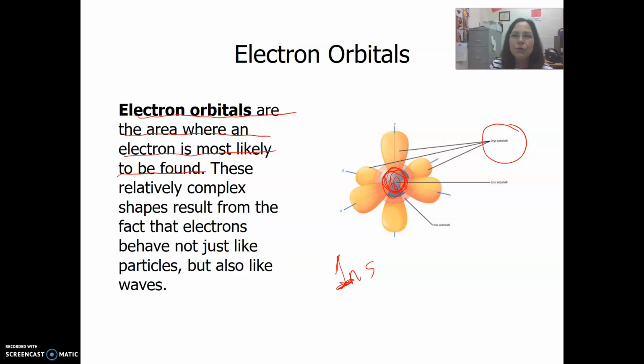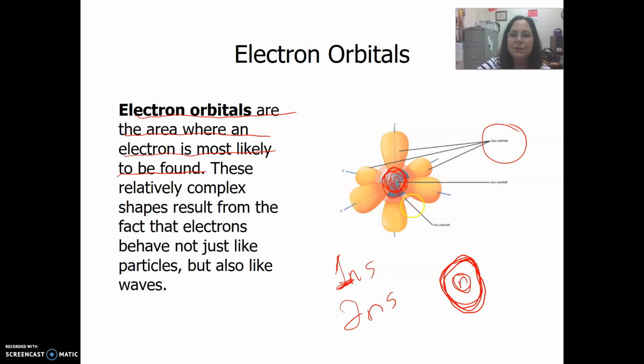The electrons move randomly, but it's telling you that if this is the nucleus of the atom, this is the area around the nucleus where you're likely to find the first 2 electrons. Within that first energy level, they're more likely to be found within this spherical area around the nucleus than anywhere else.